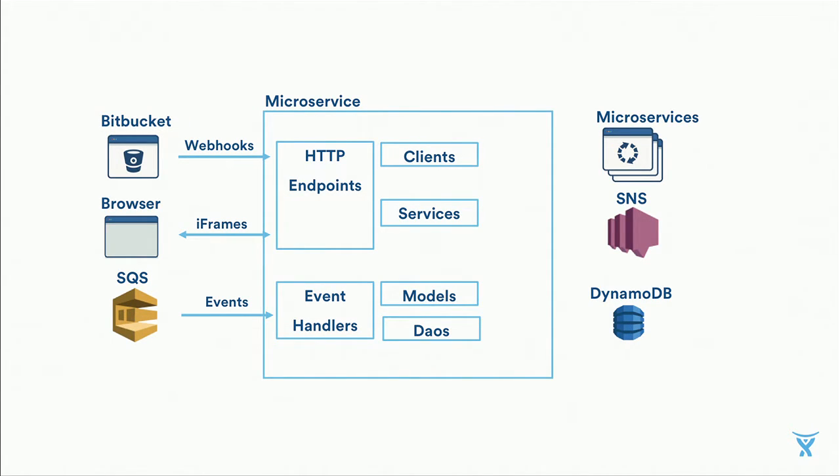Events occur whenever something important happens in pipelines, such as a pipeline being created, a step being completed, or a pipeline being completed. The service is then free to choose how to handle this. It sometimes makes further requests to downstream microservices in order to enrich that request or to check for settings, such as checking if the counter is enabled or has build minutes left. We then make requests to DynamoDB to store stuff, and if something of importance happened during this request, we'll fire off an event for further services to action.